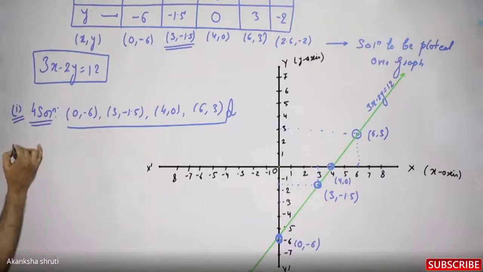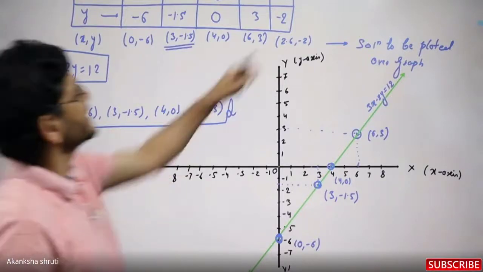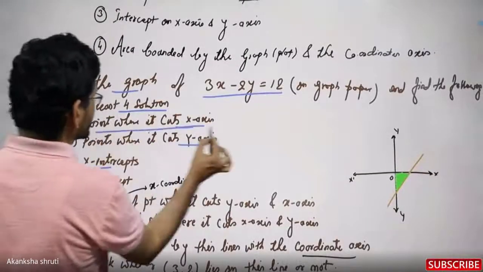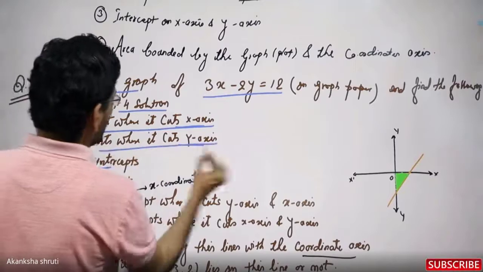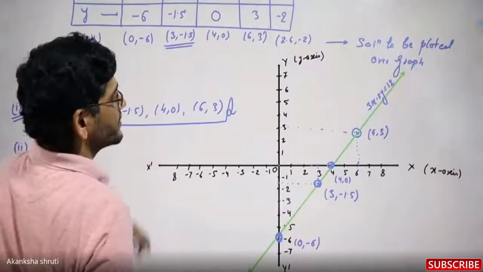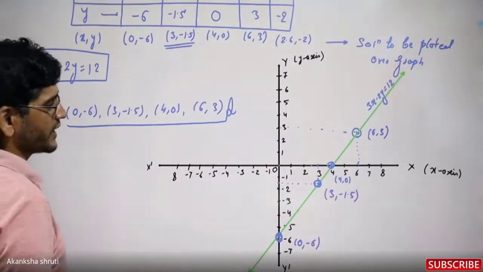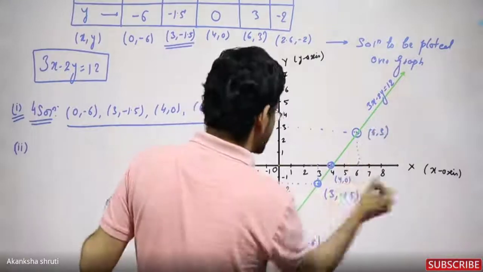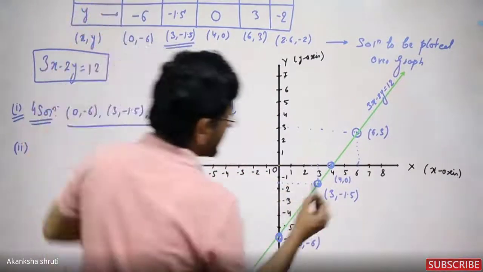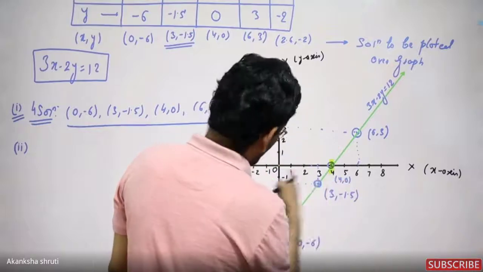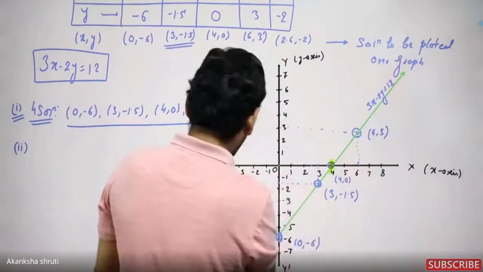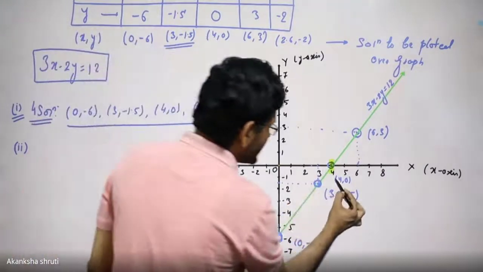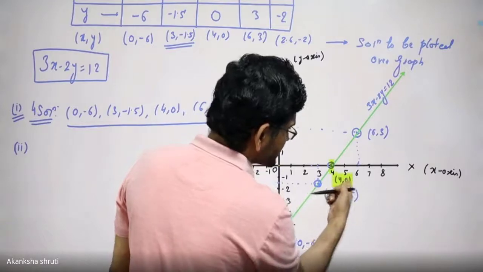Now let us come to the second part. In our second part, we have to find the point where the line cuts the x-axis and the point where it cuts the y-axis. Taking this graph, here the line cuts the x-axis at this point. What is the coordinate of this point? It is (4, 0).